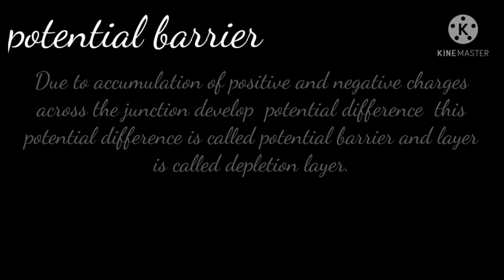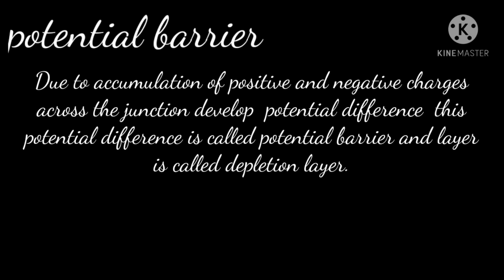I repeat once again, the potential barrier is due to the accumulation of positive and negative charges across the junction which develops a potential difference, and this potential difference is called the potential barrier, and the layer is called the depletion layer. The magnitude of the potential barrier for silicon is 0.7 or 0.6 volt, and for germanium it is about 0.3 to 0.35 volt.